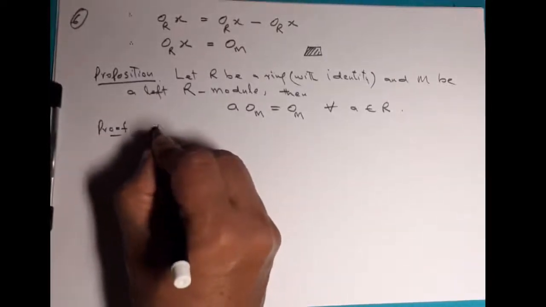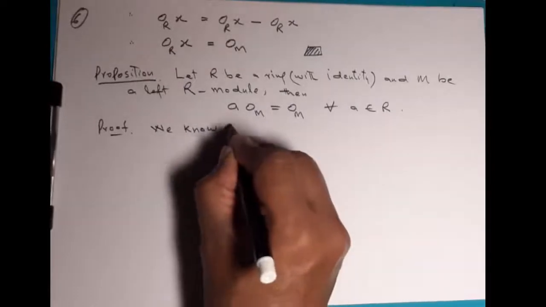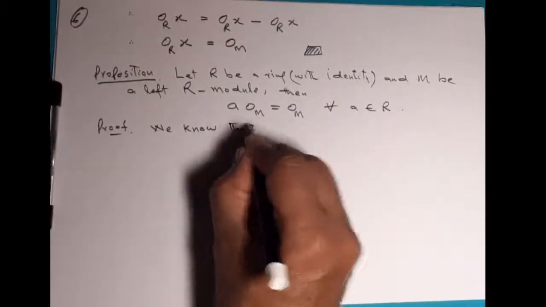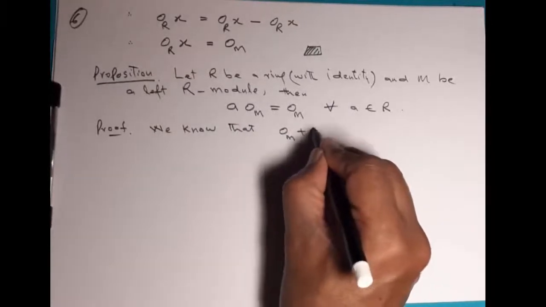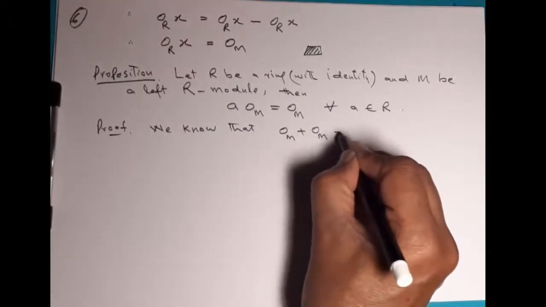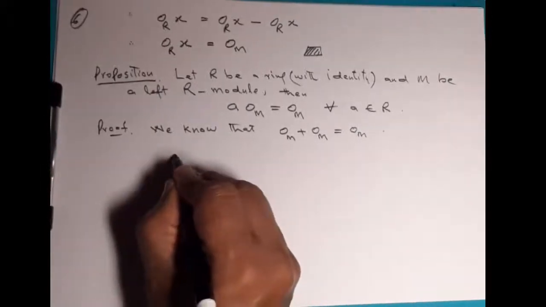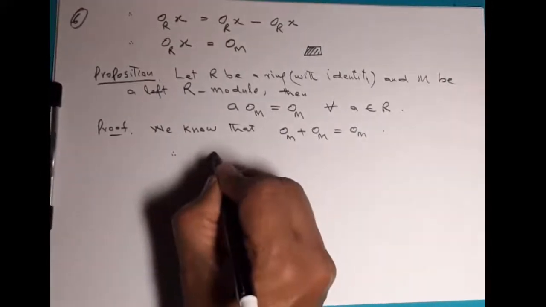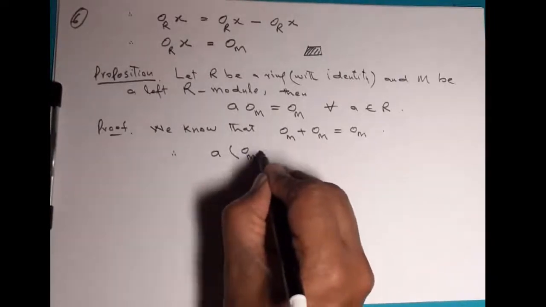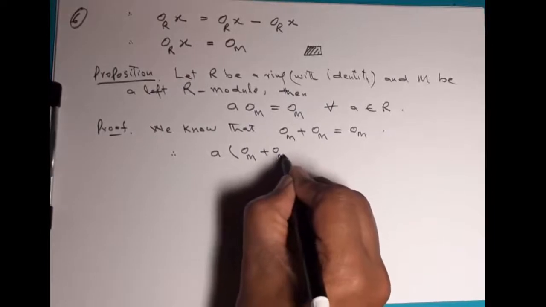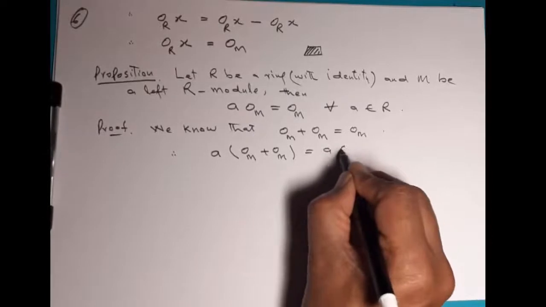We know that when we add 0 of module with 0 of module, the result will be equal to 0 of module. And therefore, now multiply it with A from the left hand side. Therefore, A into 0 of module plus 0 of module is equal to A into 0 of module.